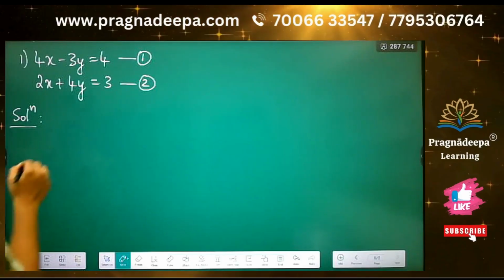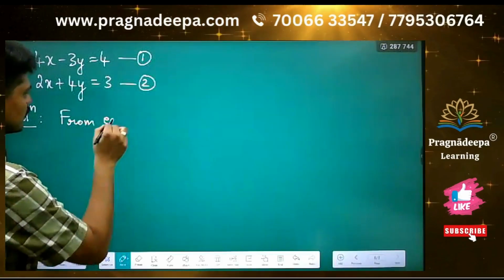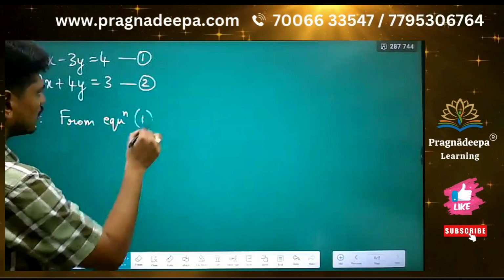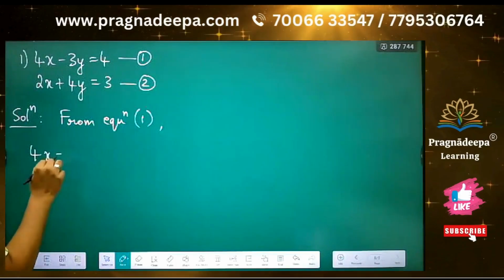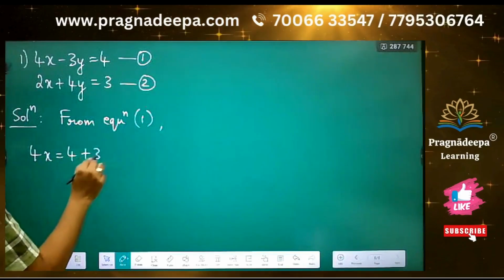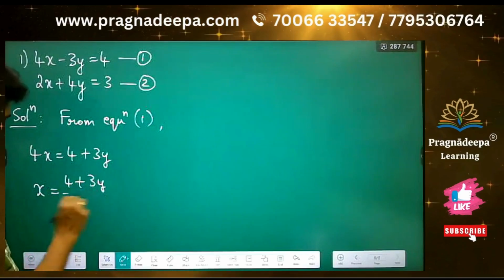Let us find x or y. Say for example from equation 1, 4x is equal to 4 plus 3y, correct? Is it 4 plus 3y? Shift minus 3y to the right side, so you will get plus 3y. Next, x is equal to (4 plus 3y) upon 4.